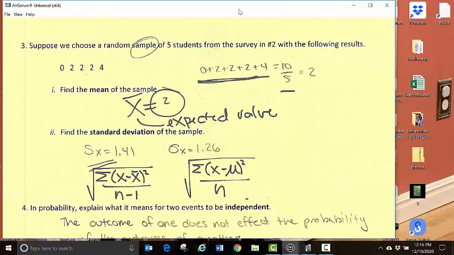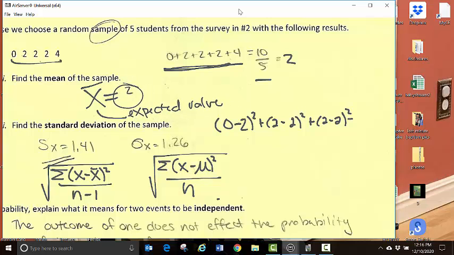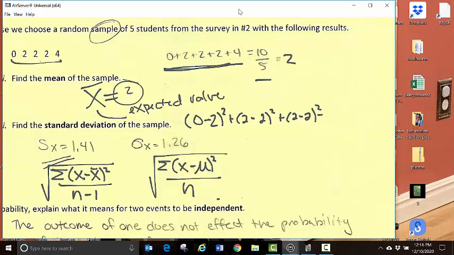Here's how you would do this one by hand. Every value. So 0 minus my average squared plus 2 minus my average squared plus 2 minus my average squared plus 2 minus my average squared plus 4 minus my average squared.